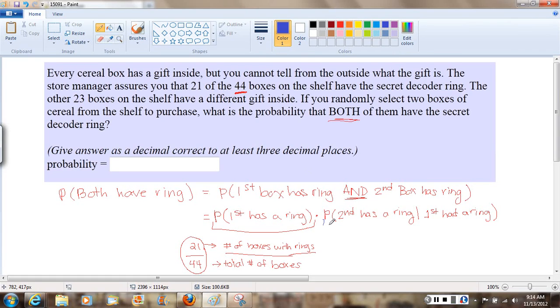Now let's move to the second part of that calculation. The probability that the second box has a ring given that the first had a ring. So now these numbers are no longer going to tell us the number of boxes with rings. Now we need to think about, well, how many rings are left? So the number of boxes with rings left divided by the total number left.